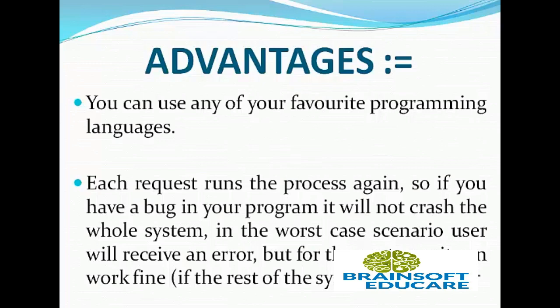So, if you have a bug in your program, it will not crash the whole system. In the worst case scenario, a user will receive an error, but for the next user it can work fine if the rest of the system is fine. The most common is Perl, but it can be C, C++, shell scripting, etc.